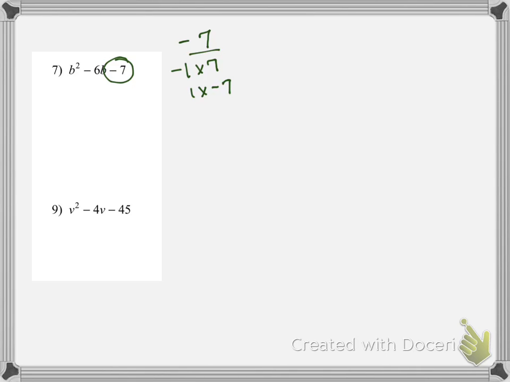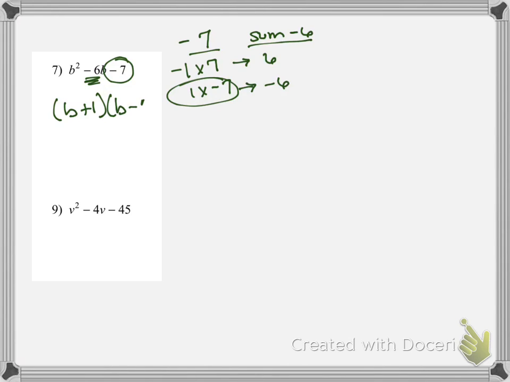So the question is, which one of these is going to have a sum of -6, because that's what's in the middle of that trinomial. So this one is going to make +6, this one's going to make -6. So that means 1 and -7 are our magic numbers. So we're going to say b plus 1 and b minus 7.